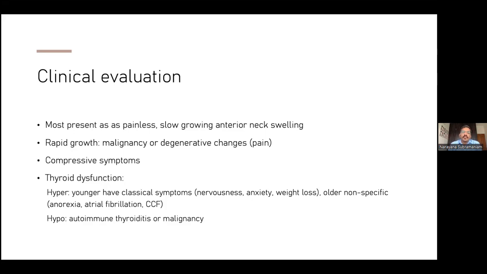But if you have dysphagia or you have dyspnea, change of voice is a very important symptom, more commonly associated with thyroid cancers and other benign pathologies, usually because of involvement of the recurrent laryngeal nerve, larynx, or the trachea. So compressive symptoms are very important. They guide your management. I'll tell you when exactly we ask for cross-sectional imaging in cases of thyroid nodules. Important to keep in mind.